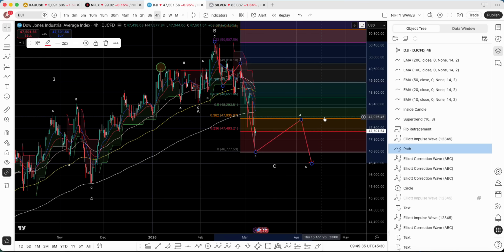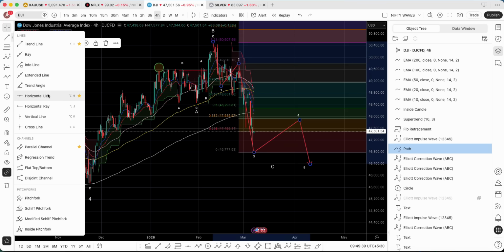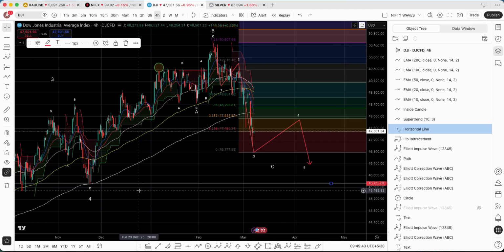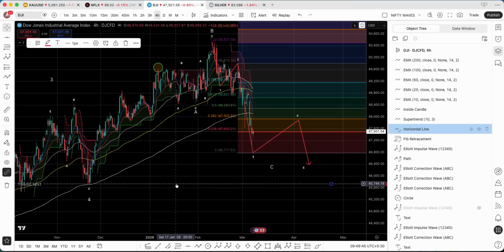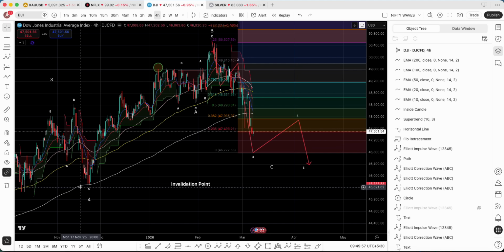And this structure kind of holds true as long as this low stays intact. Below this line, the count changes.